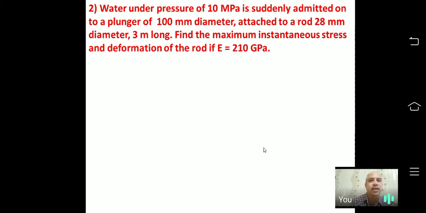Try to understand: the water is on a plunger of 100 mm diameter, and that plunger is attached to a rod which is 3 meters long, and we are interested in finding the instantaneous stress and deformation of the rod.